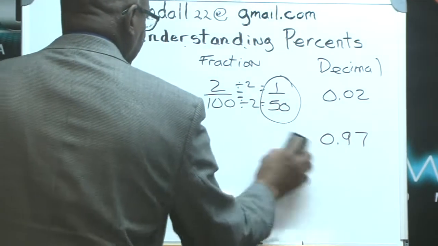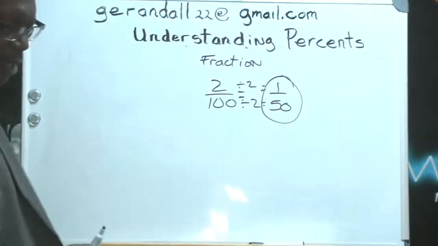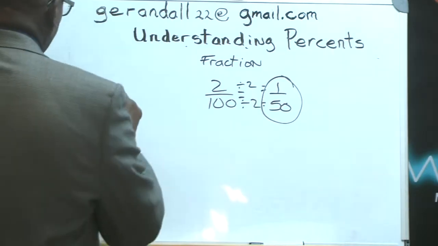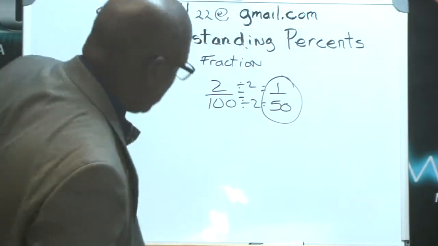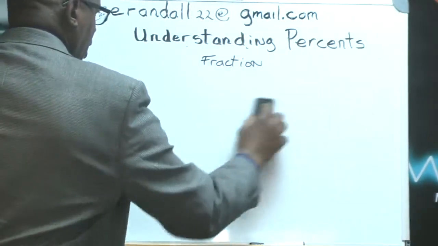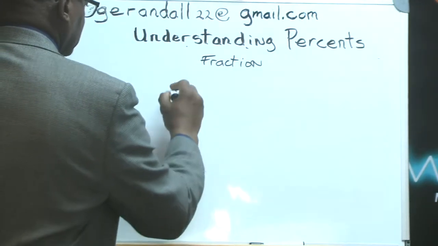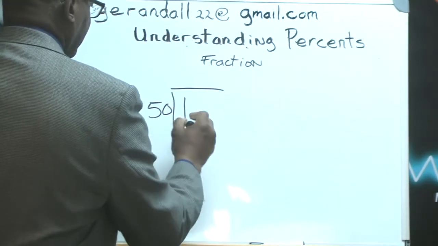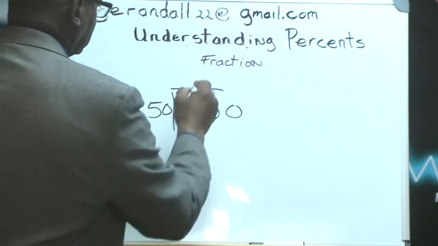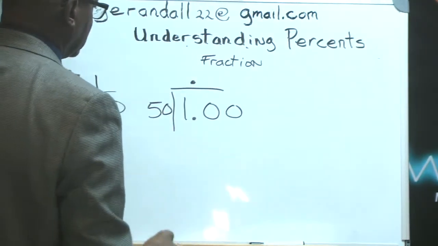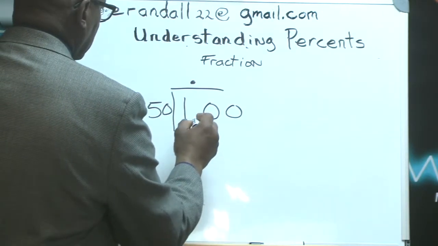You have other conversions. You could start out with 1 over 50. And what does that say? That 1 is in the house divided by 50. And of course, 50 cannot go into 1, correct? So we put a 0.